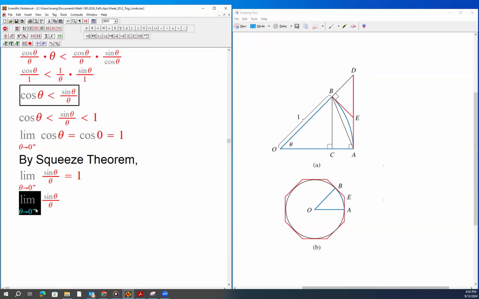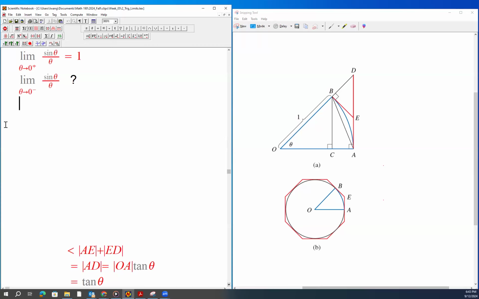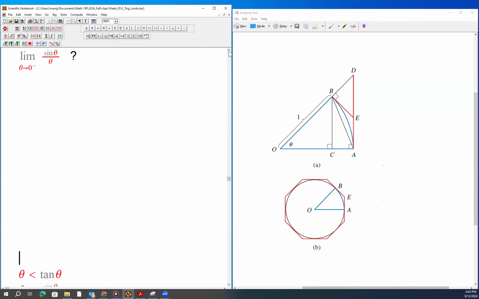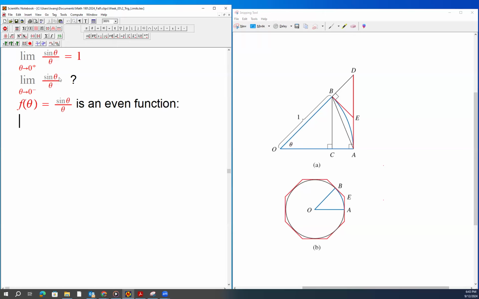Then naturally, we'll be thinking about the limit approaching from smaller than 0, the limit from the left. To work on this part, we're going to demonstrate that this function, if I call it f of theta, is an even function. Why is it an even function?